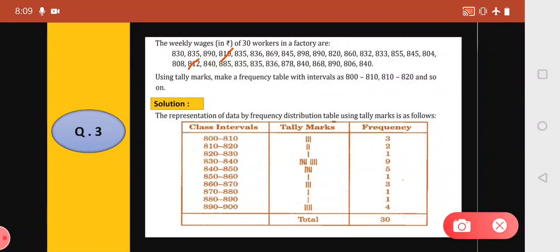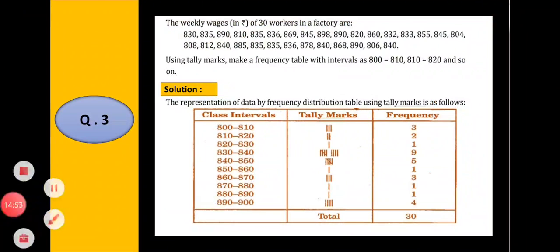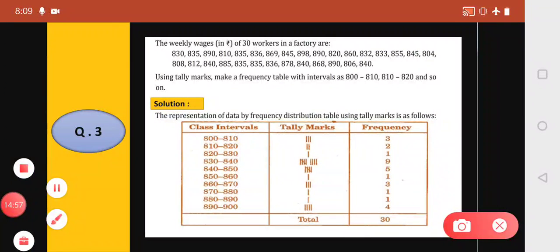So there are 2 frequencies in the second class interval, so we'll mark 2 vertical lines and the frequency is written as 2. Yes. Now for the next class interval, that is 820 to 830. Yes, you can see 820. Only one frequency is there, so we'll make one vertical line in the tally mark.